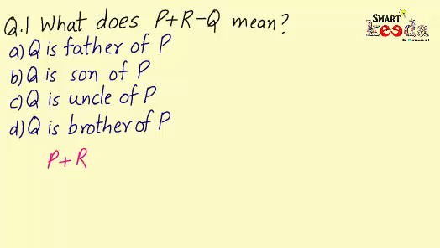So we would first write R with no sign, as we don't know whether R is male or female, and put a downward arrow towards P as P is the son of R. We will put a plus sign above P as he is male.